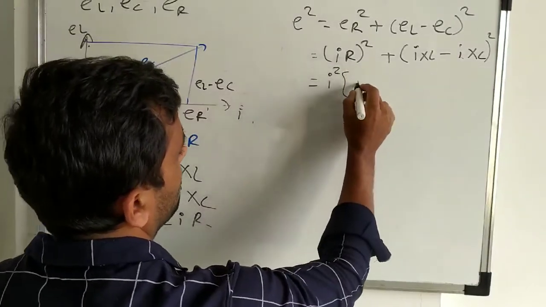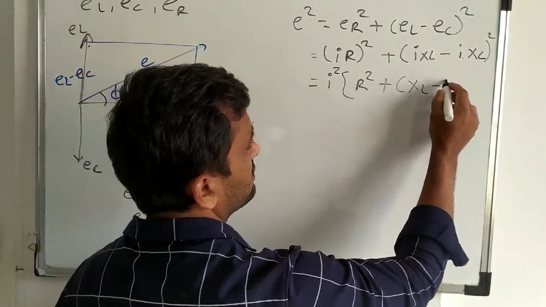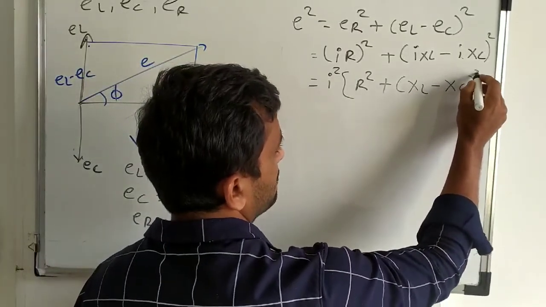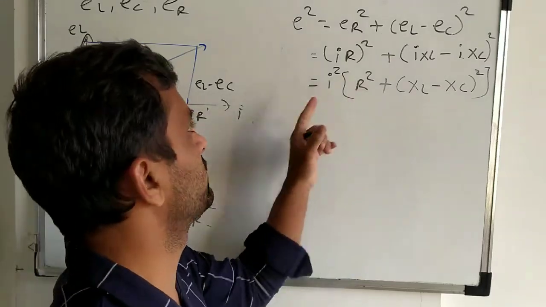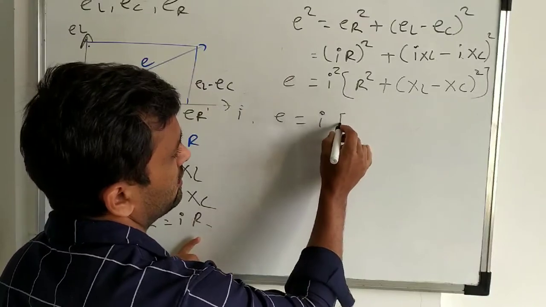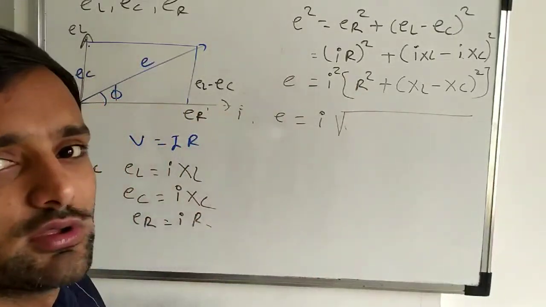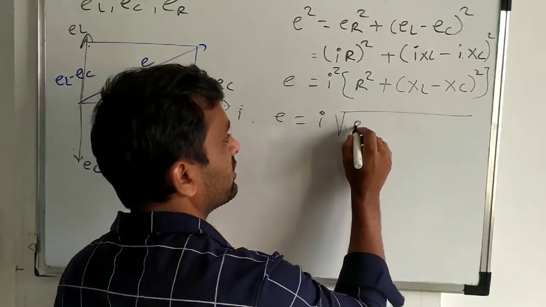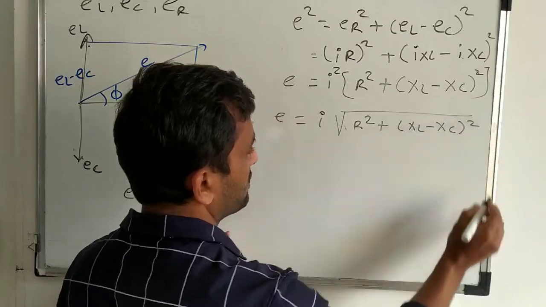In bracket here R square is the remaining term, and here (XL minus XC) square is the remaining term. If you take the square root on both sides, then E is equal to I times, here we have to write this term in the square root, R square plus (XL minus XC) square.